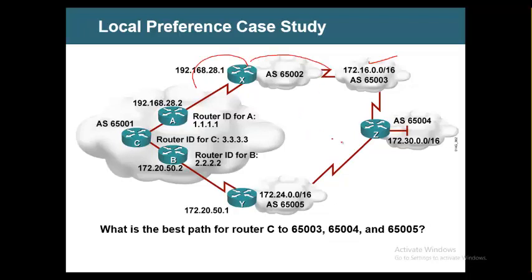And there is a network called 172.30.0.0, which is 3 hops this side. But if you go this side, it is 1 and 2 hops. And there is a network called 172.24.0.0, which is 1 hop via Y. So these are the 3 networks. For example, we are taking 3 destinations.